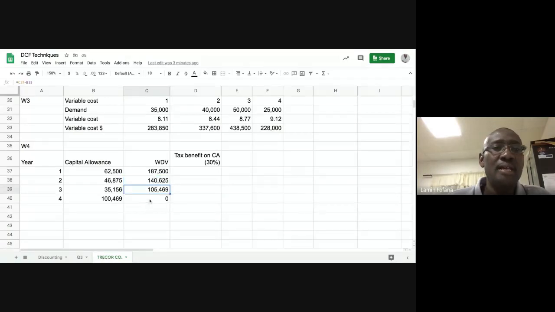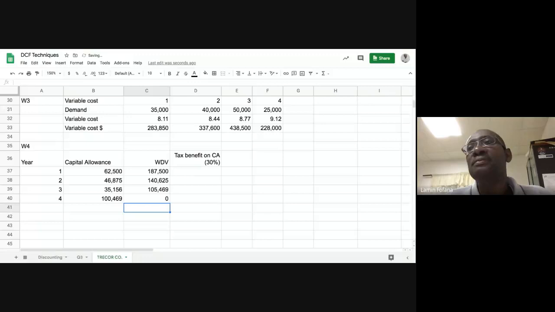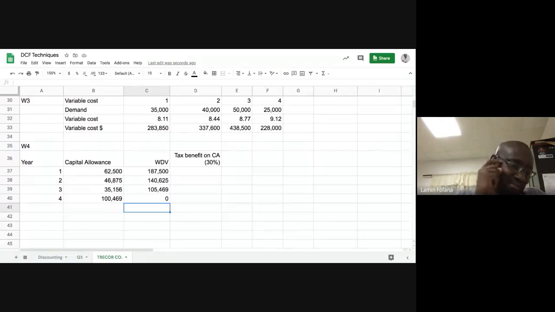When you put it in a formula, it's going to be equals this minus the 5,000 there, and then minus this to give you 0. Oh, yeah, okay, I get it now. You got it. Good.